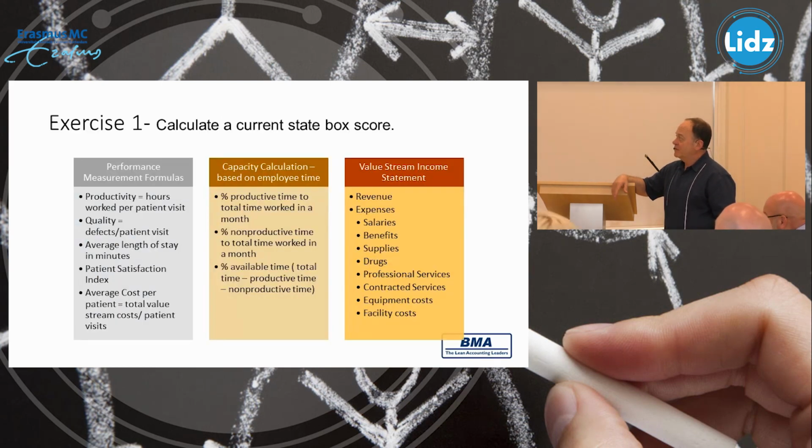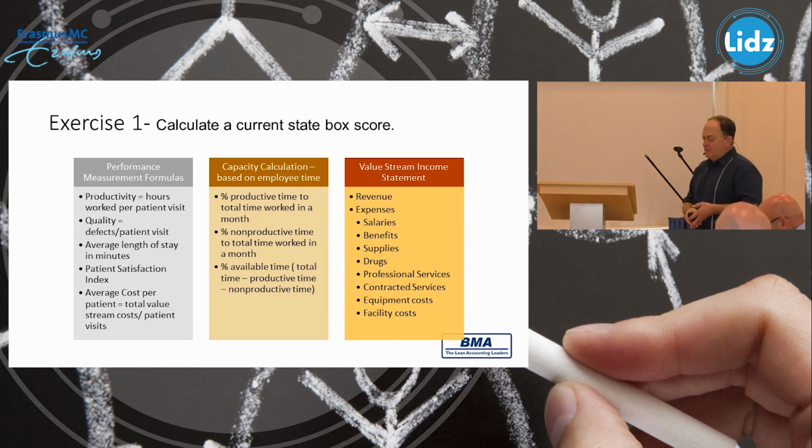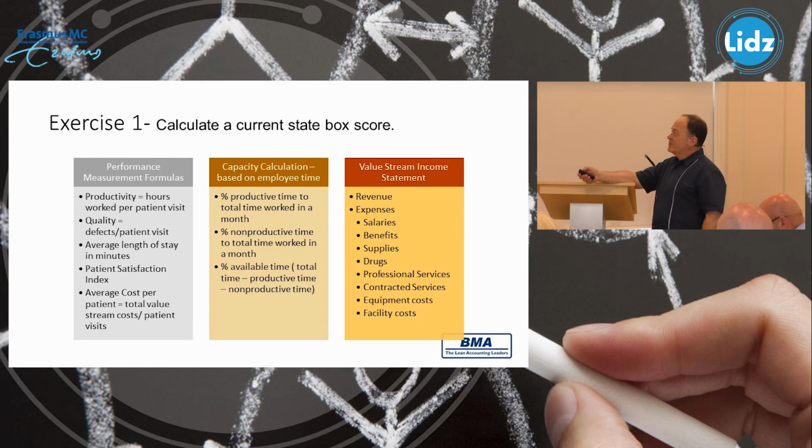These are what the calculations are. I'd like you to calculate productivity, which is hours worked per patient visit. So this is over the course of a month, so how many total hours are worked in a month? Quality is defects per patient visit, average length of stay, patient satisfaction index, then average cost per patient, which is the total cost divided by patient visits.